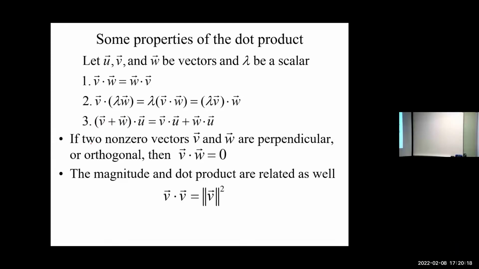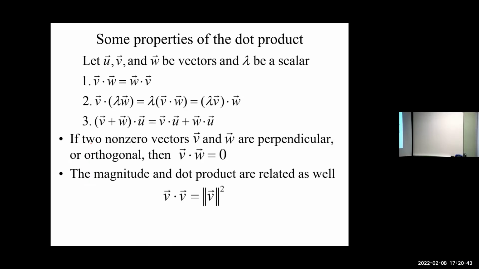Okay. Now, this is going to be a big one, and we are going to see this a lot. If two vectors are perpendicular, or you'll also hear the term orthogonal, or you'll also hear the term normal. If they form a 90-degree angle, then their dot product is 0. Right? That's going to be really useful for us going forward.